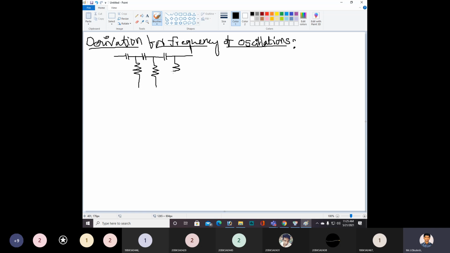This is the capacitor C, this is the resistor R and R. Here we will get the feedback voltage, because this is the feedback network only.